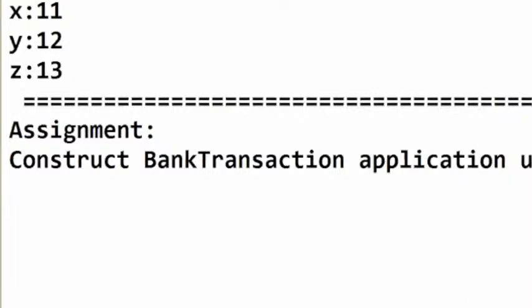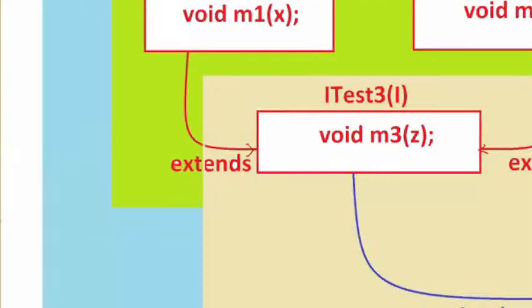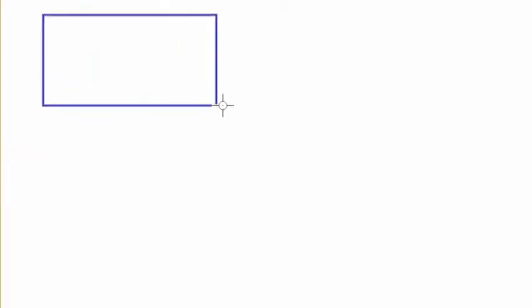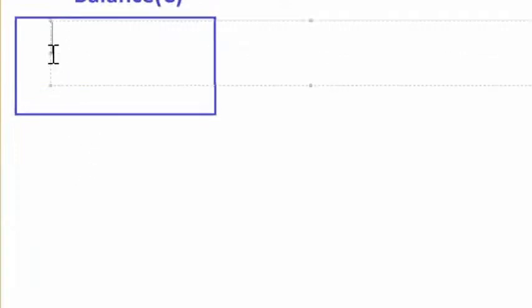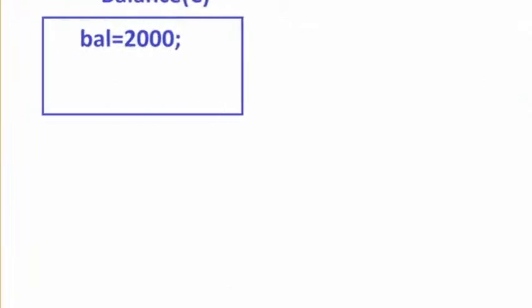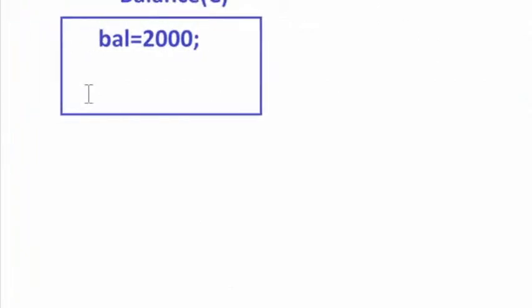Now, for this program, take one class as balance, having one variable known as balance, 2000. So the current balance available in my account is 2000.